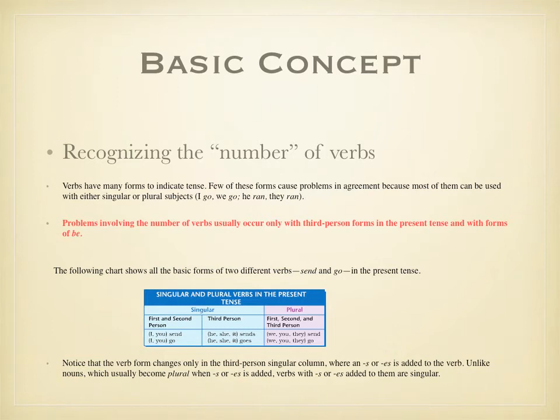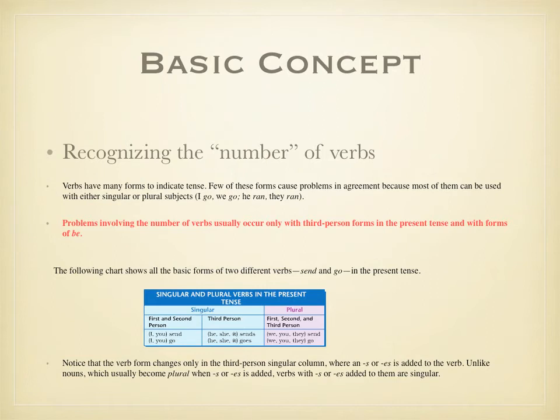So let's look at the little box down here and notice that if we're working with the verbs send and go, first and second person is send. If we go way over to the right, in the plural, it is also send. We, you, they send. Third person in the singular changes to sends, and the same process for go.